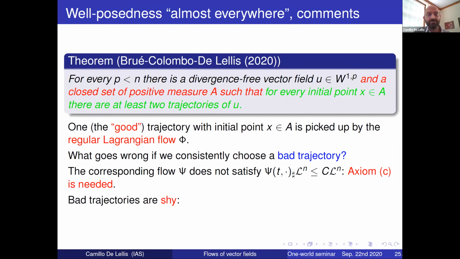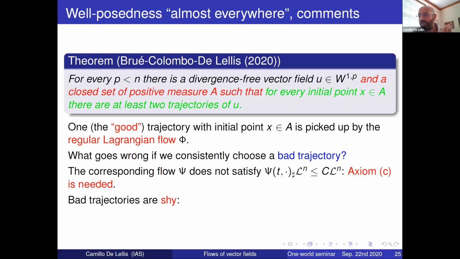And in a sense, bad trajectories are also shy. If you were to regularize your flow by some smooth regularization, you would converge to the regular Lagrangian flow. So if you attempt to find your bad trajectories by regularizing the ODEs and passing to the limit, you're bound to fail. You will converge to the good trajectories.